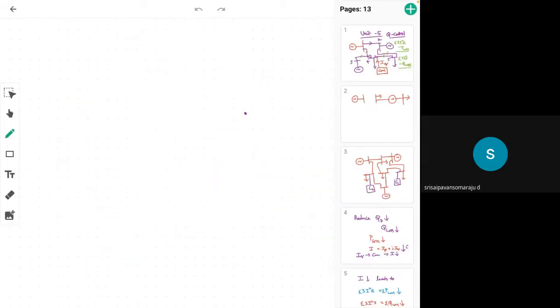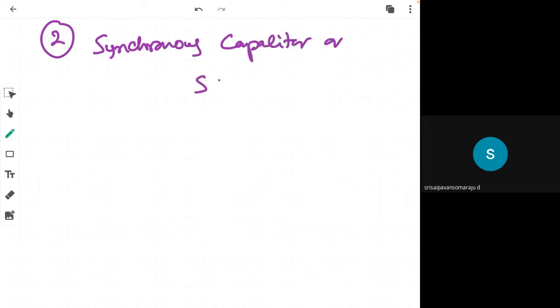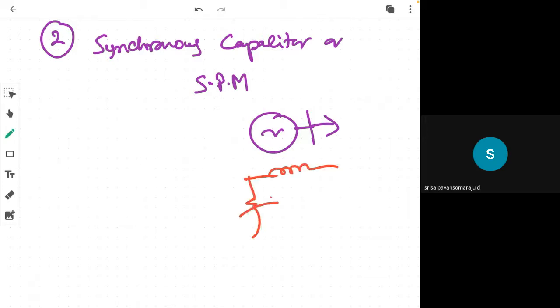The second one is the synchronous capacitor, or synchronous phase modifier, SPM. Here the synchronous motor is taking some load, and there is excitation control of the synchronous motor, so IF can be controlled.